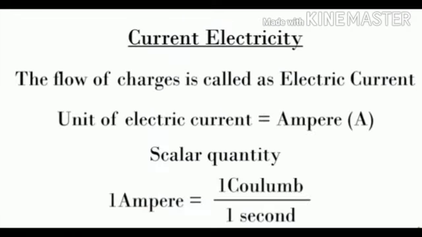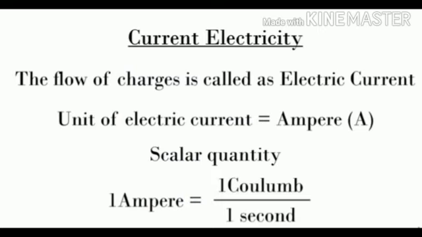Now let's see what is current electricity. The flow of charges is called electric current. Now dear students, the unit of electric current is ampere. Symbolically it is represented as capital A. It is also a scalar quantity.